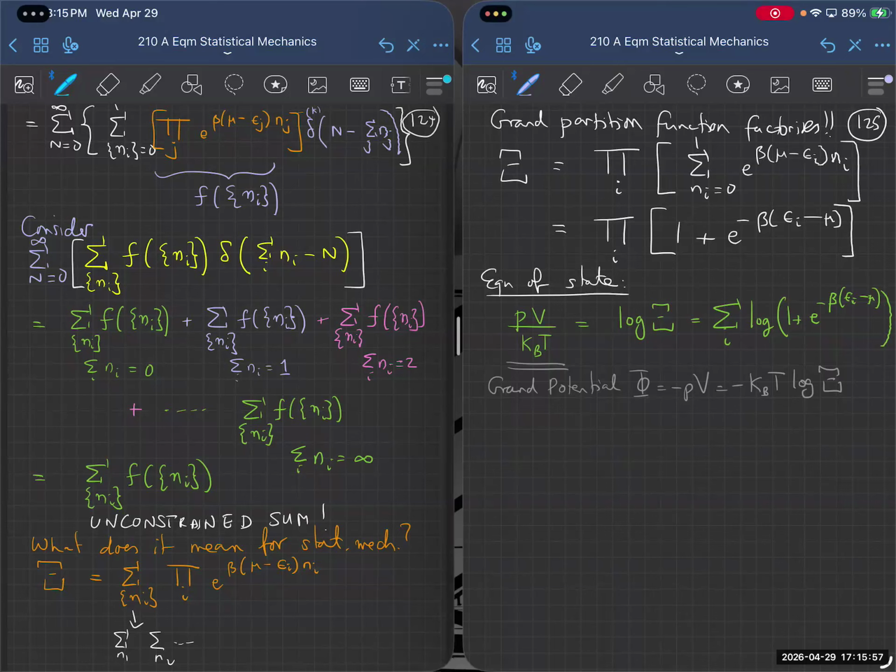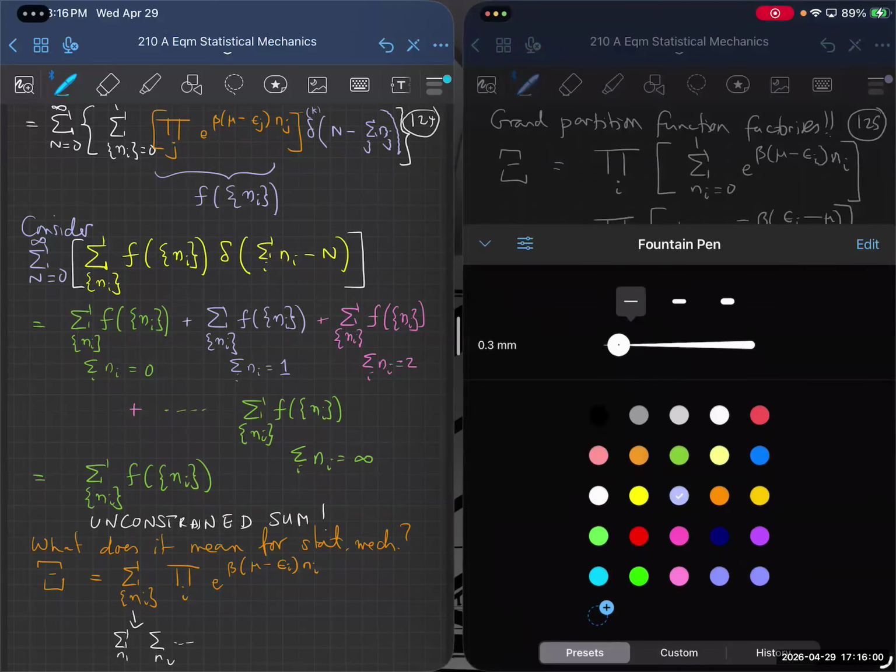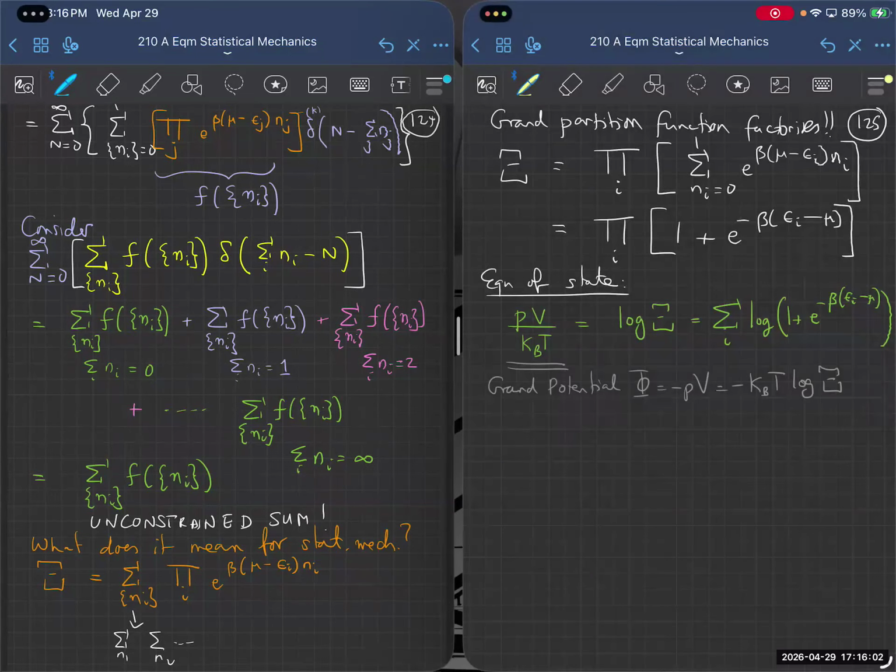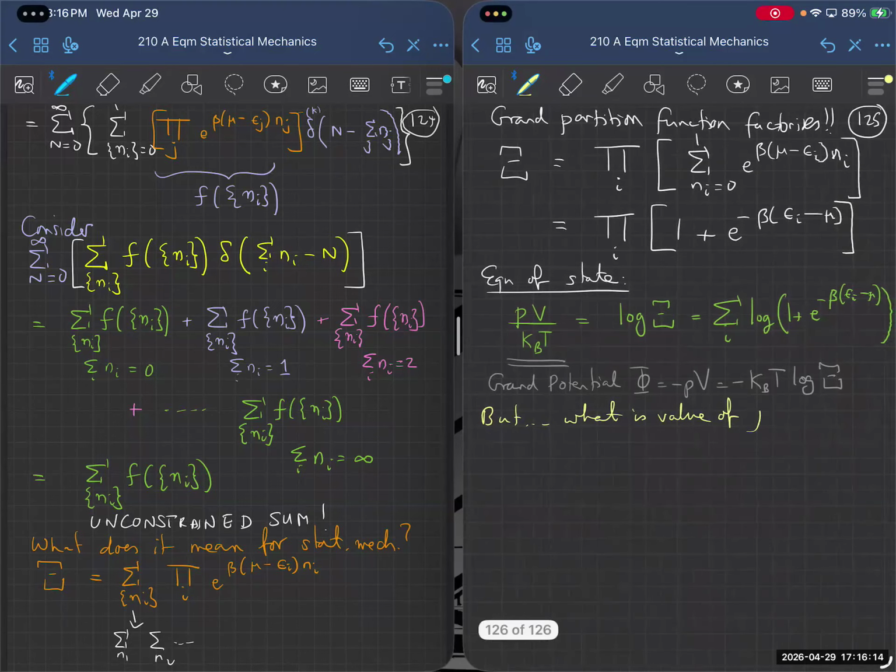And then the question you have to ask is, but wait a minute, what is the chemical potential? There's a mu in there. What is the value of mu? Well, remember that N is the sum over the occupation numbers, that's the constraint equation.